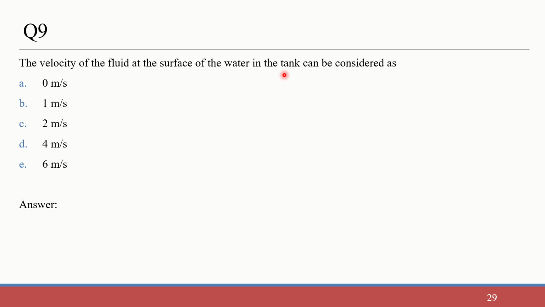So the answer is actually 0 meter per second, because the question asks for the velocity of the fluid at the surface of the water in the tank. Since we are talking about the surface level, we can take it as 0. So the answer is option A, that is 0 meter per second.